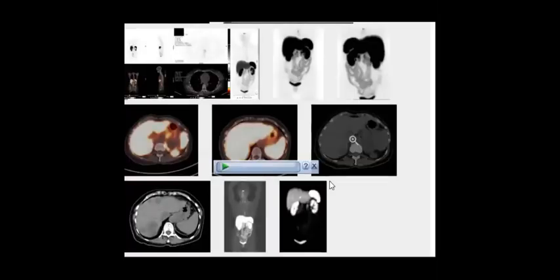This is the MIP image, or maybe one of the coronal images of the PET, just the PET, in the grayscale mode before inversion to the white black scale.